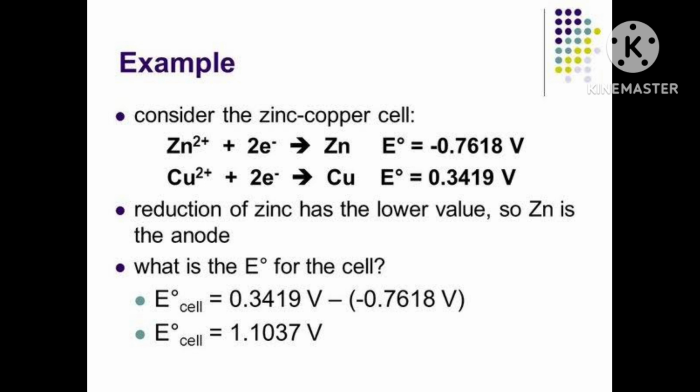Then 0 is equal to E standard minus 0.059 divided by n log K. That is the relation you got. Now here also it is easy.